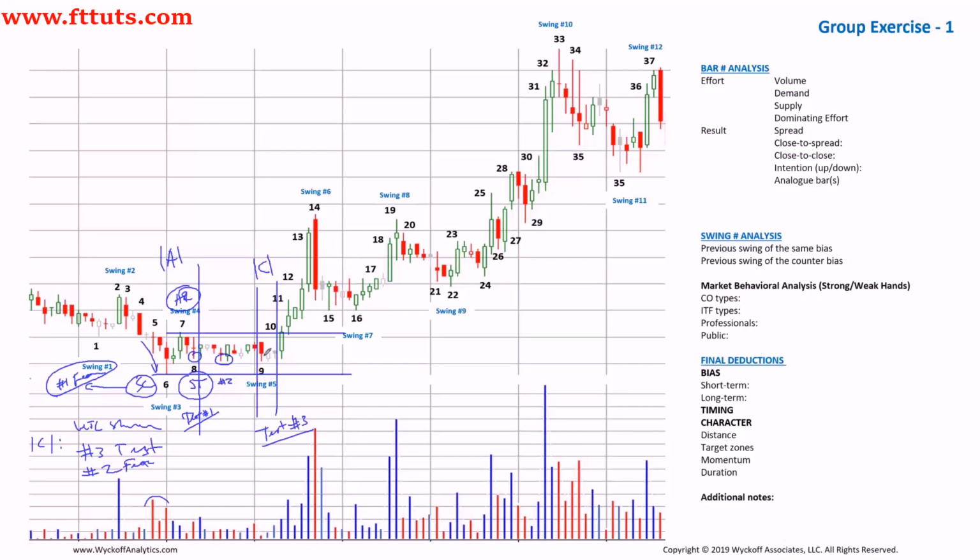Then a second point of fear, which is going to look slightly different, right? It is going to look slightly different because a lot of the weak hands are going to be out, a lot of institutional weak hands are going to be out, and then whatever weak hands are left, this is their mini panic in Phase C, as they are thinking that that's it.